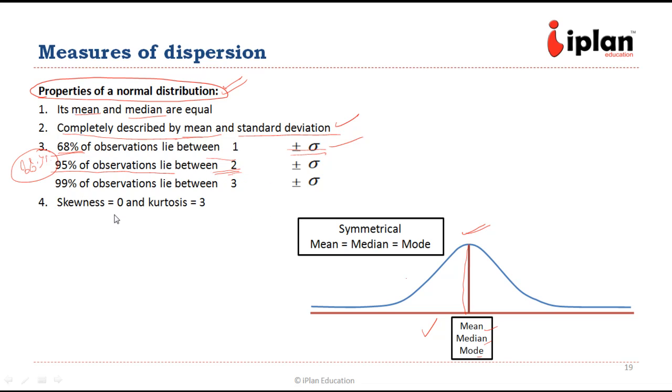But if we know the distribution, we can say that even 95% of the values will lie within plus minus 2 sigma. So our knowledge about the nature of the distribution helps us predict the range better. Similarly, 99% of observations lie within plus minus 3 sigma if it is a normal distribution.